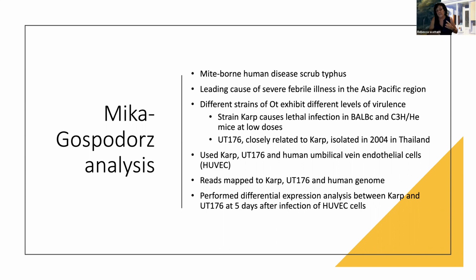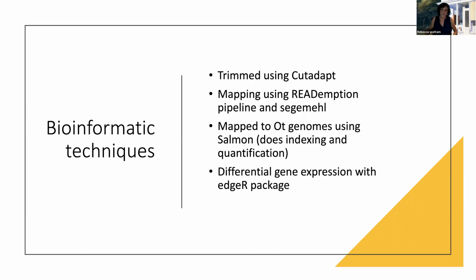Then they did two different differential analyses, looking at the way that Karp and UT176 responded at day 5 after infection, and also at the way that the human cells at day 5 responded to infection with Karp versus UT176. So there were a number of samples, but you could look at it two different ways.